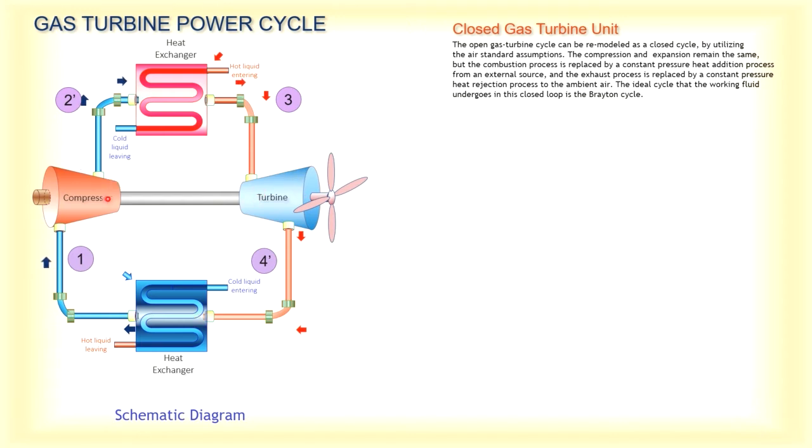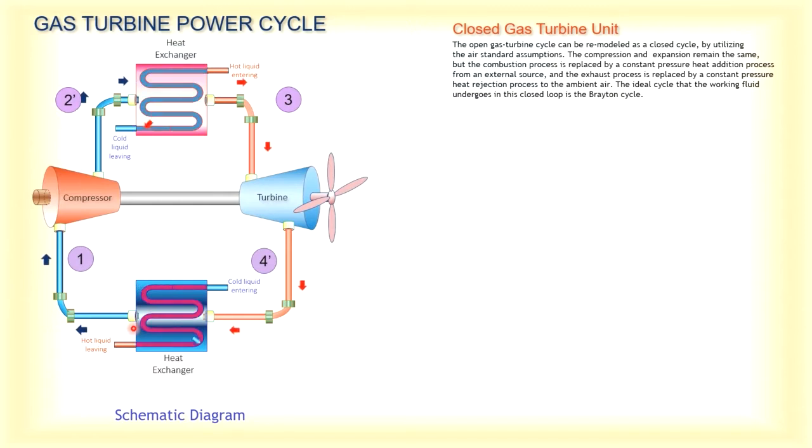Both compression and expansion are isentropic, and both heating and cooling operate at constant pressure. That will give you the Brayton cycle, which is a closed loop. It's different from your open gas turbine unit, which is an open loop.